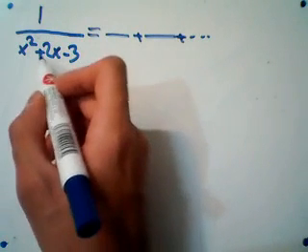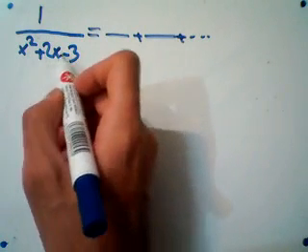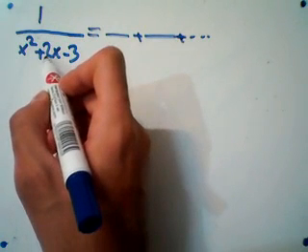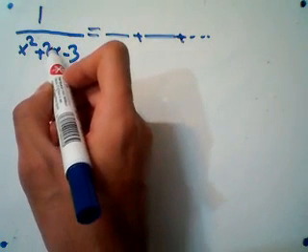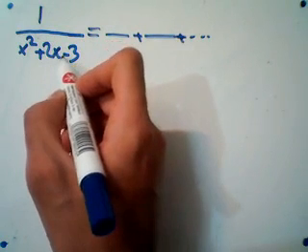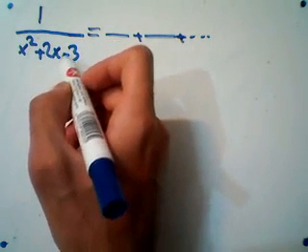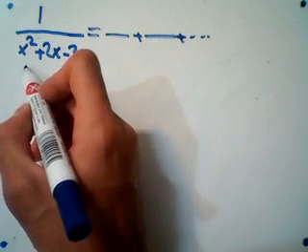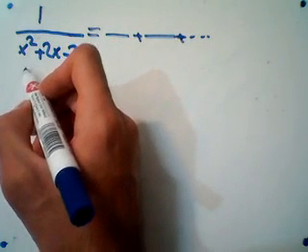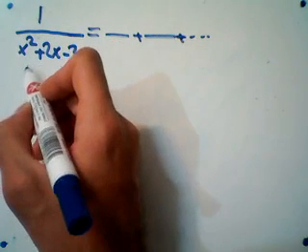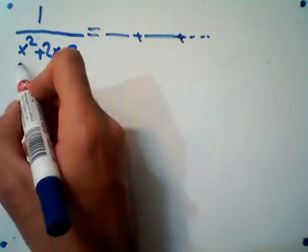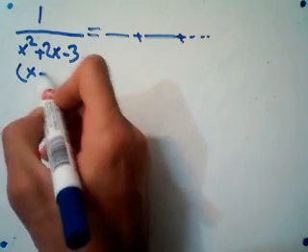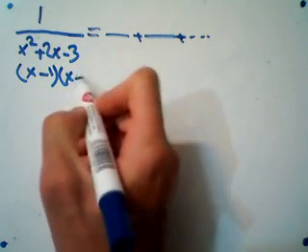Let's factor it. What are the two numbers whose sum is +2 and whose product is -3? They are 3 and -1. So that would be x -1 times x plus 3.